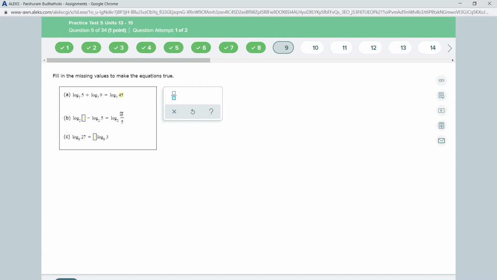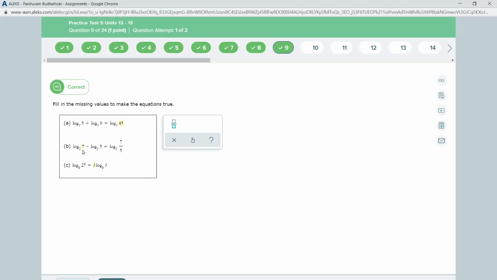Here this is the quotient property, so log base 7 of 7 from the top, and here 27 can be written as 3 to the power 3, and because you want to write it as a log base 9 of 3, by using the power rule you can bring that 3 in front. So you have to use the properties of the log function: product property, quotient property, and power rule.